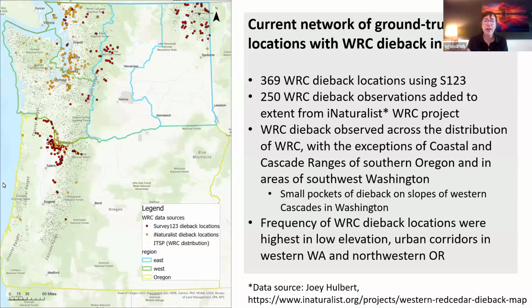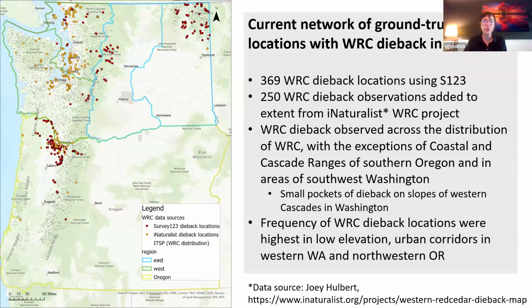This map on the left shows all of the sites with Western red cedar dieback. We were able to combine efforts with Joy Hulber at the Washington State University Extension Group and his iNaturalist project. So we've got about 600 locations across Washington and Oregon where we observed the dieback. It was pretty much observed across the distribution of where Western red cedar should be.